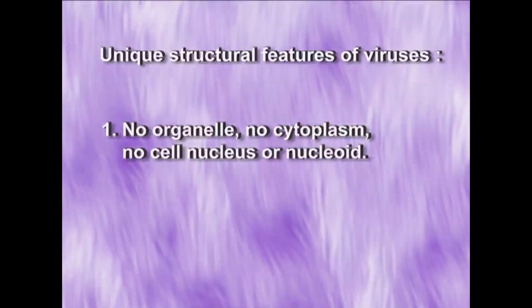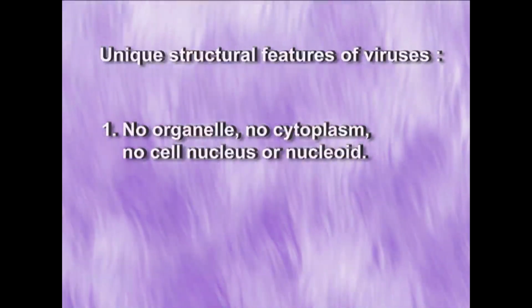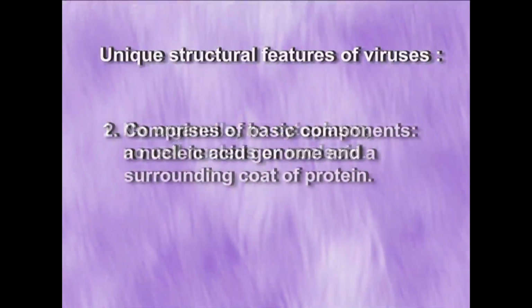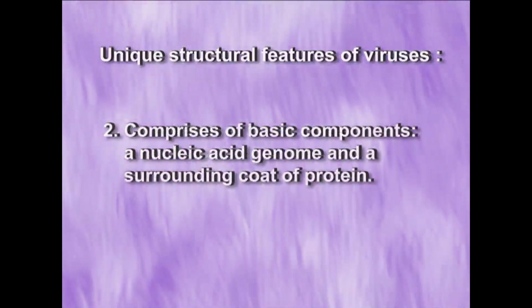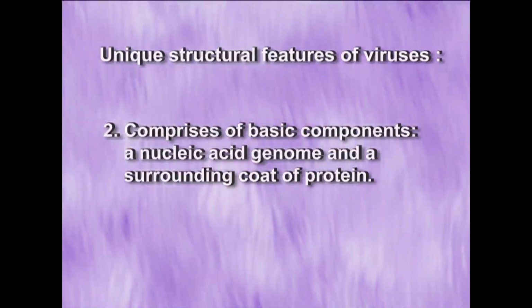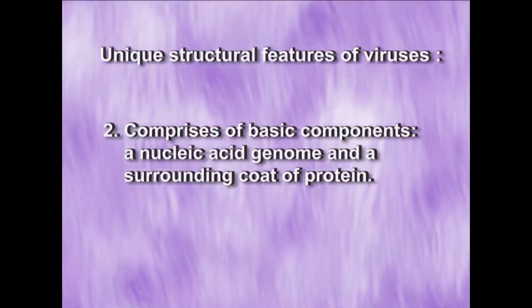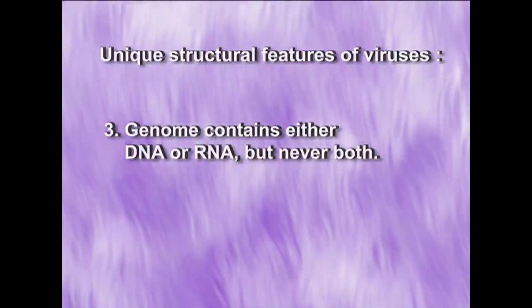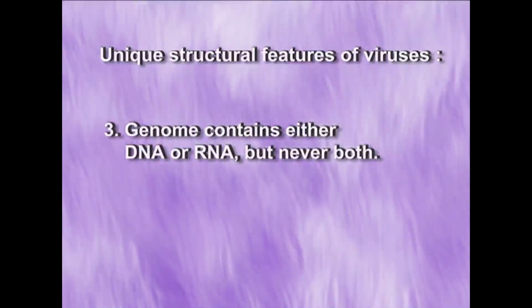Therefore, we could see the unique structural features of viruses that were later seen under the electron microscope. They said that there are no organelles, no cytoplasm, no cell nucleus and no nucleoid. A virus comprises a basic component, a nucleic acid genome and a surrounding protein coat. The genome contains either DNA or RNA, but never both.